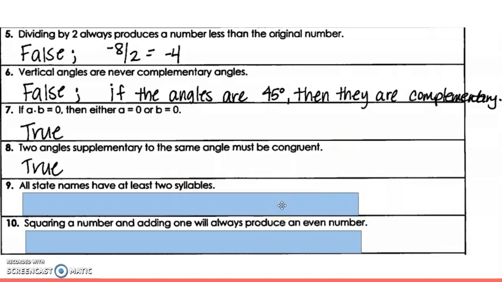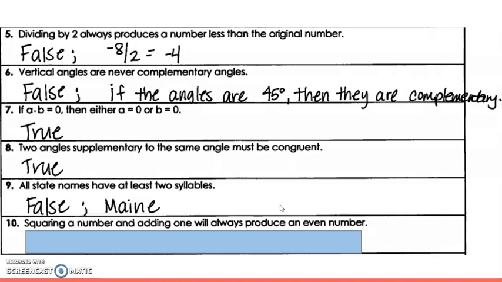Number 9, all state names have at least 2 syllables. So if you start thinking about the different types of states, the first example that came to my mind was Maine, and Maine is my counterexample that proves that this statement is false. The last one that we're going to look at is squaring a number and adding 1 will always produce an even number. So if we just start squaring some numbers, so you could do 2 squared or 5 squared, and those work right now.